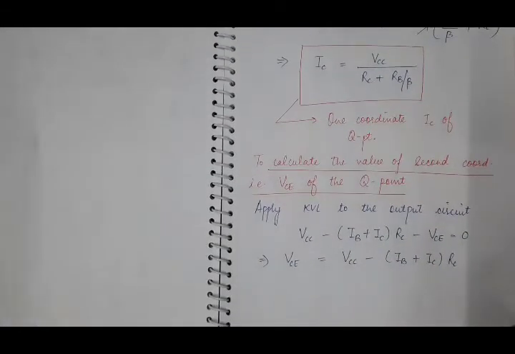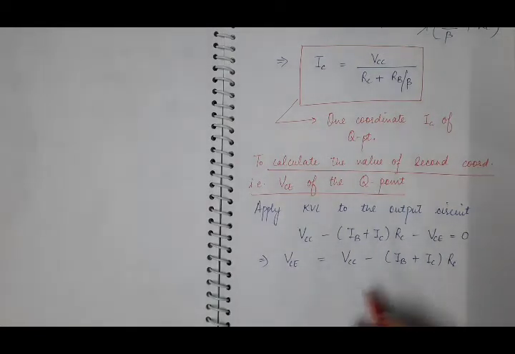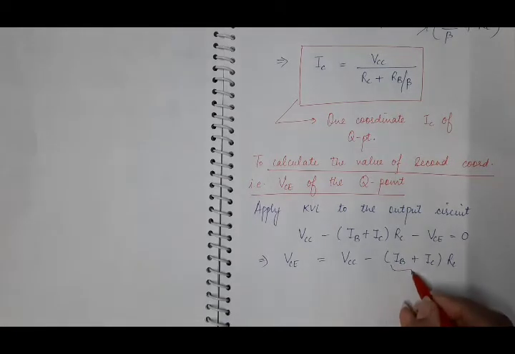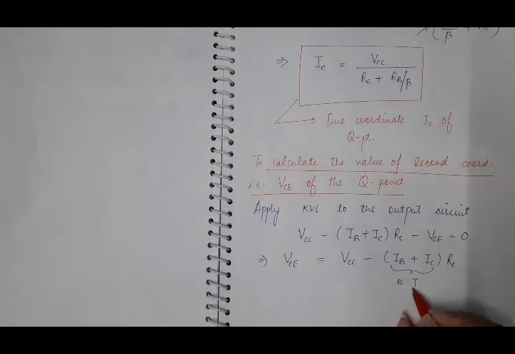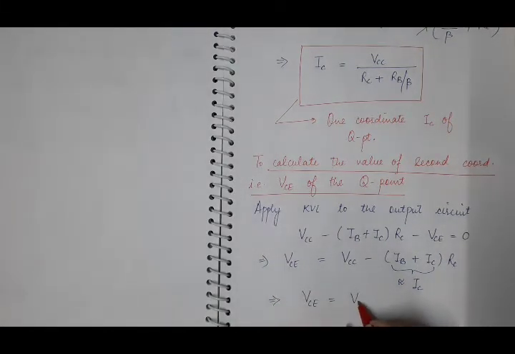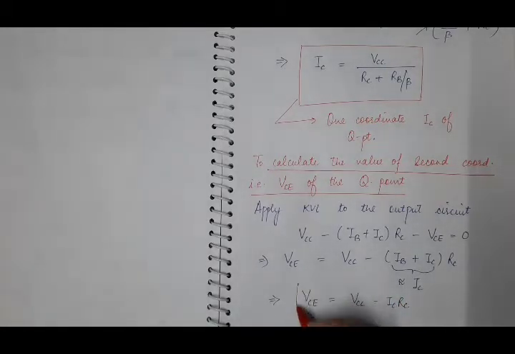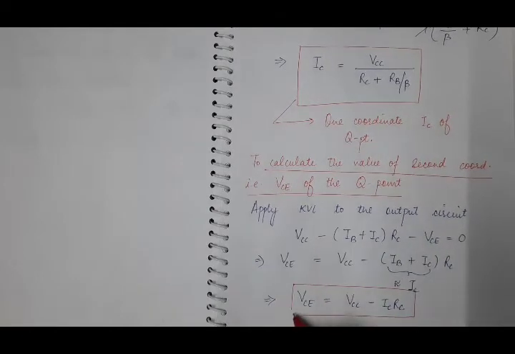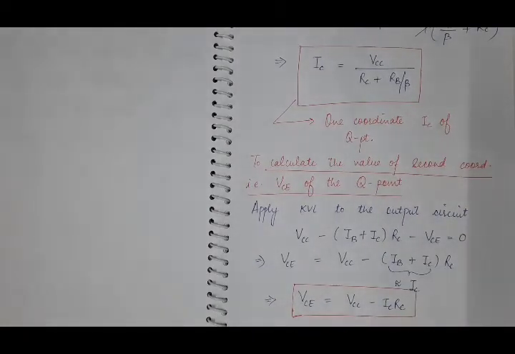And we know that usually this IB is very small as compared to IC, so it is approximately equal to IC. This implies VCE is equal to VCC minus IC RC. So this is our second coordinate of the operating point.